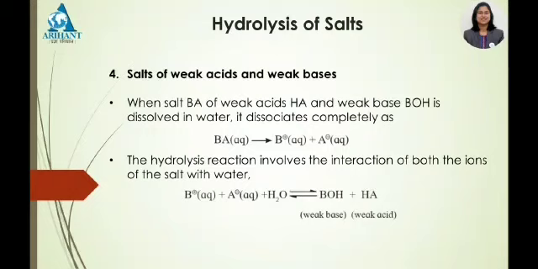Fourth, salts of weak acids and weak bases. So the salt of WA and WB. Now consider a salt BA of weak acid HA and weak base BOH.